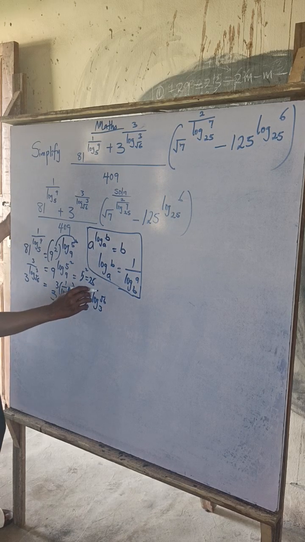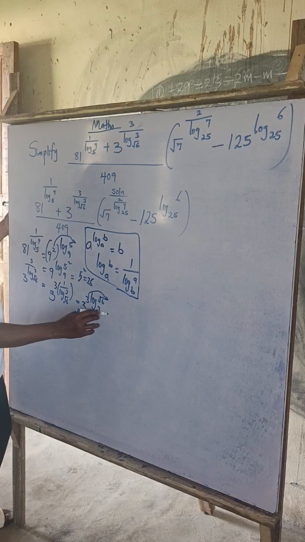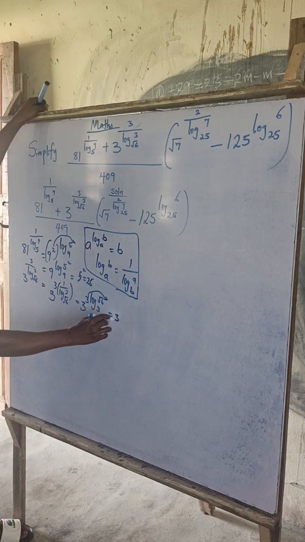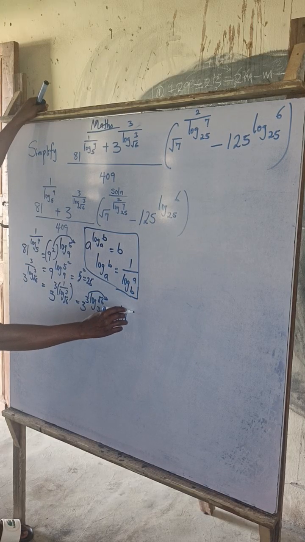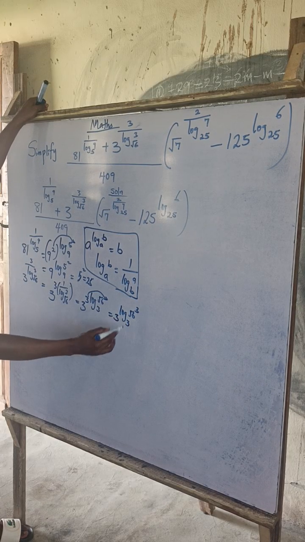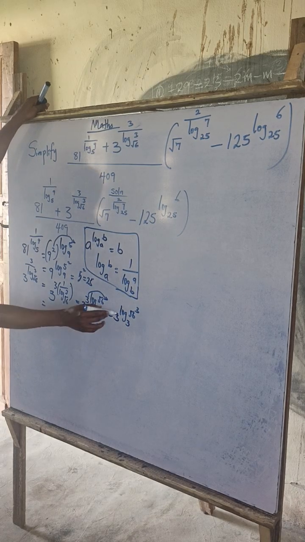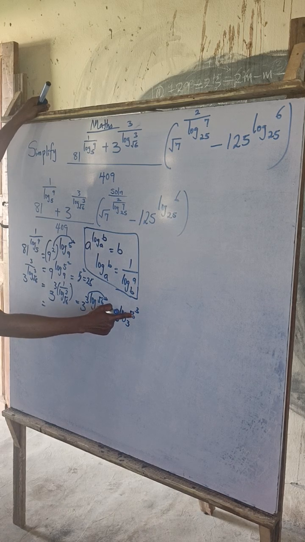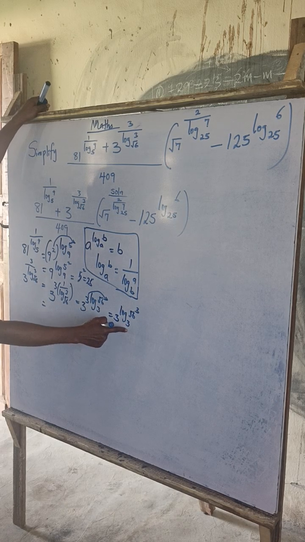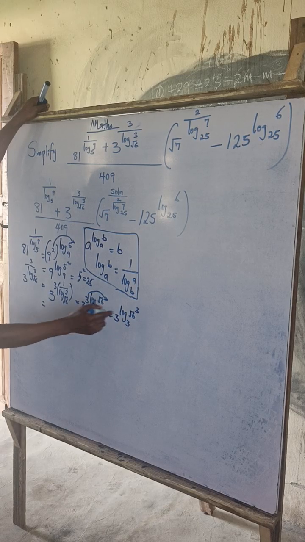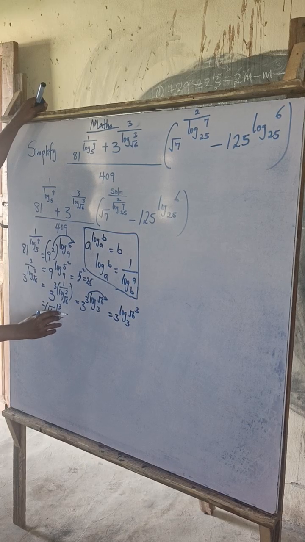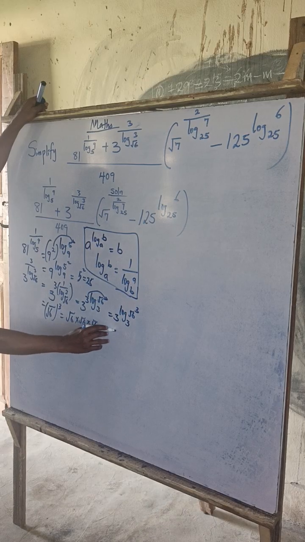This 3 will serve as power of root 6, which equals 3 raised to power log of root 6 cubed to base 3. When we apply this rule, it will give us root 6 raised to power 3, which can be written as root 6 times root 6 times root 6. That will be 6 root 6.